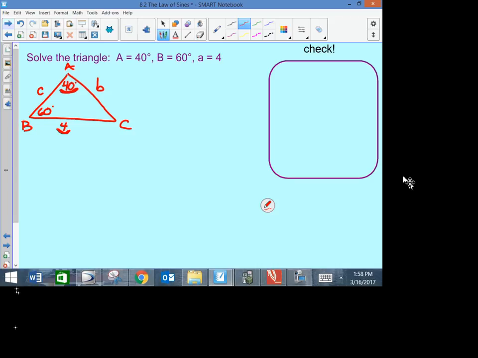Okay, so we're going to have sine of 40 over 4, equal to sine of 60 over b. This is angle B. And then sine of C is unknown over little c. Okay? If your big C looks like little c, just put angle C when you're done, and that'll be good.